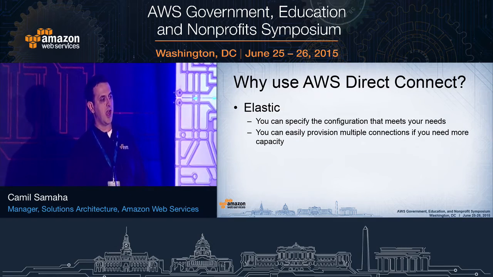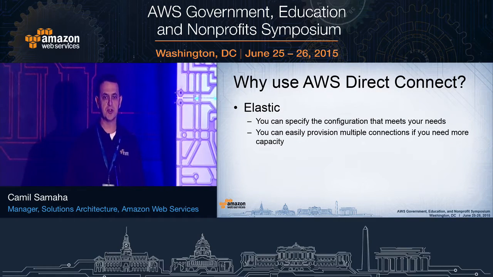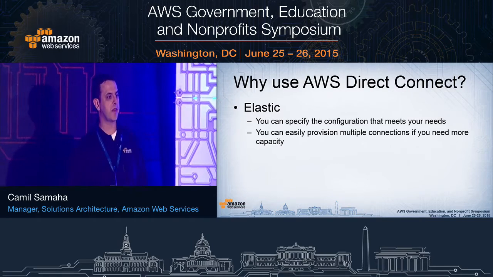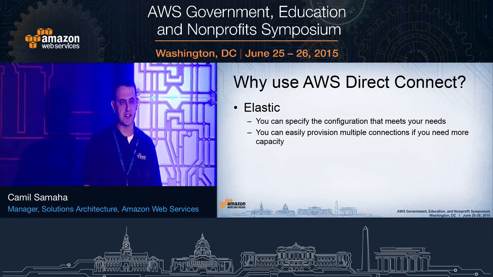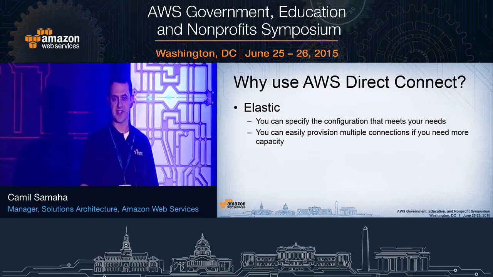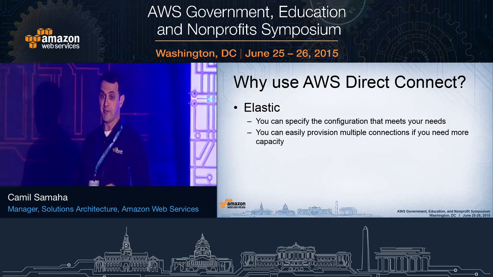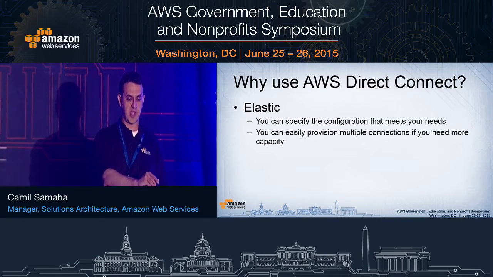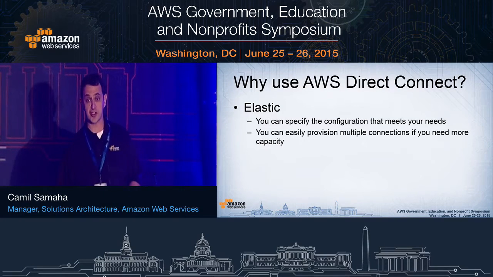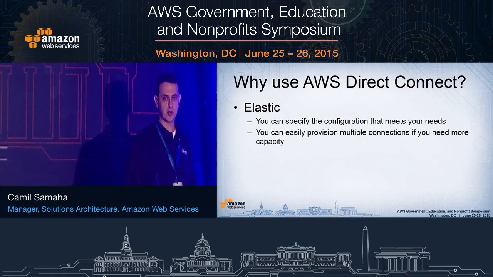The other advantage or reason to use Direct Connect, as with many other AWS services, is that it is elastic in nature, meaning you can combine multiple AWS Direct Connect connections to meet the demand that you're looking for.